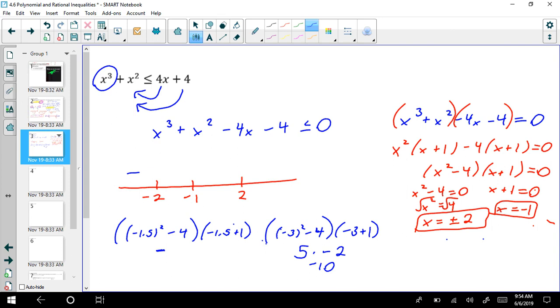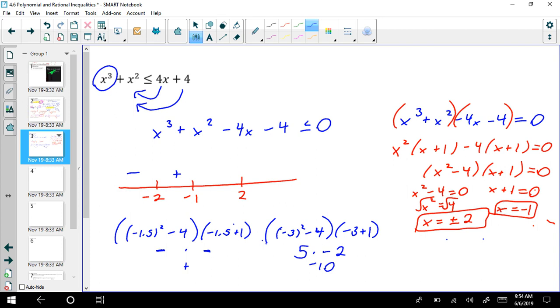You should get a negative number. And this other guy would also be a negative number, and when I multiply them together, I will get a positive number. Again, I don't really care what number comes out. I'm more concerned with, does it come out positive or negative?